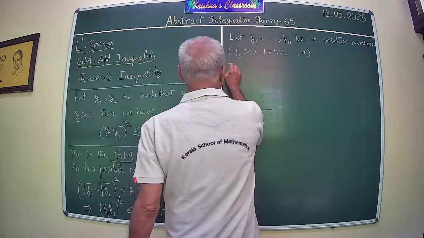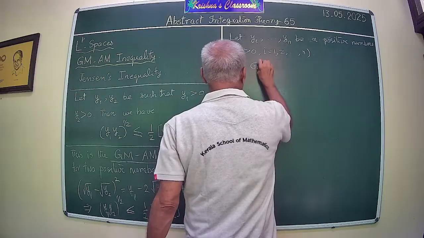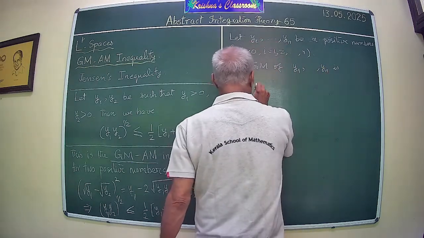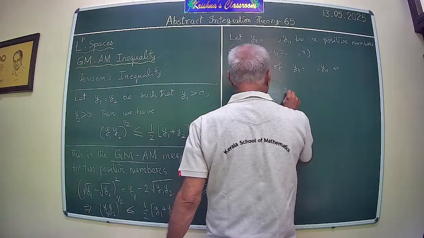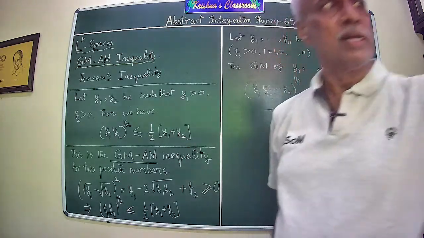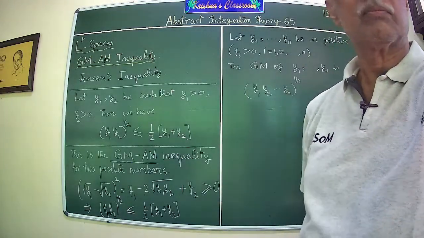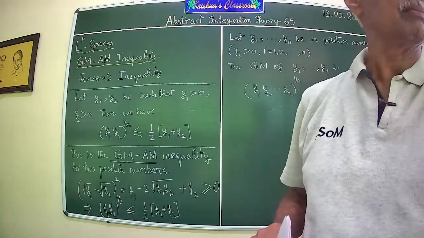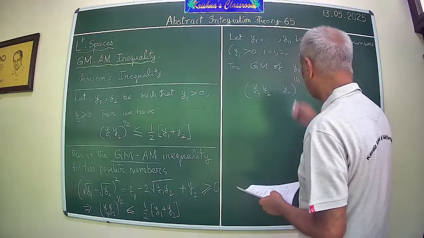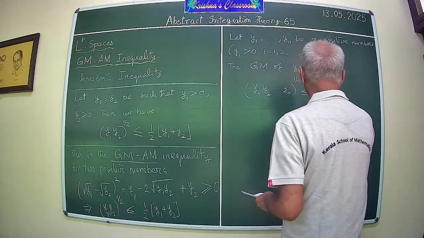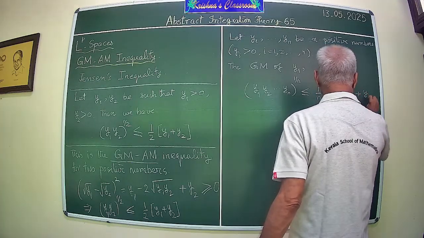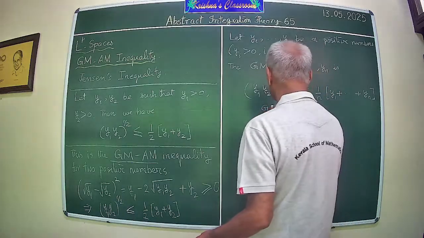Then the geometric mean is the nth root of the product of y1, y2, up to yn, and this is less than or equal to 1 by n times y1 plus up to yn, which is the arithmetic mean. This is the geometric mean, and this is the arithmetic mean.